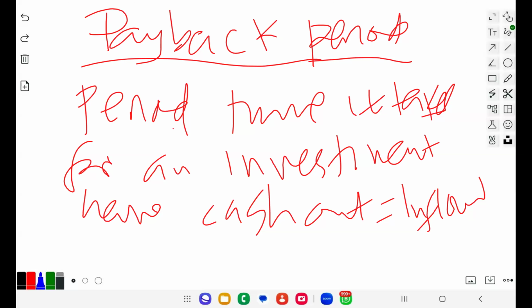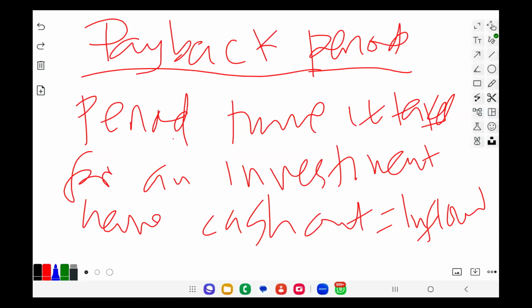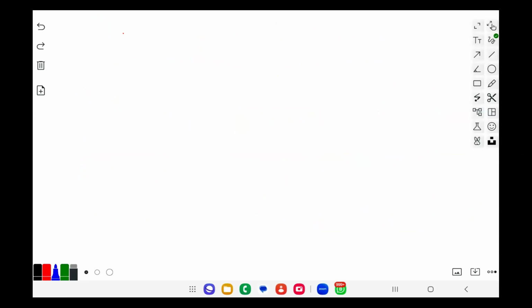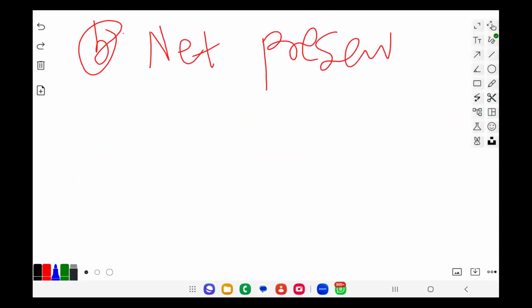Then the second one that I want us to consider is the net present value. Now, remember, when you inject some money right now into a certain project, the money that you inject is called the cost.